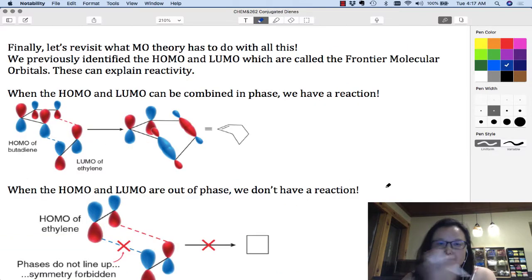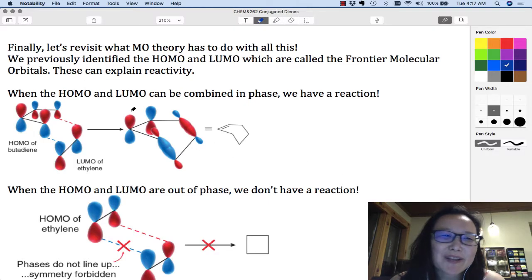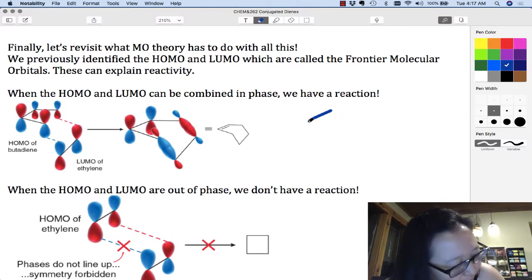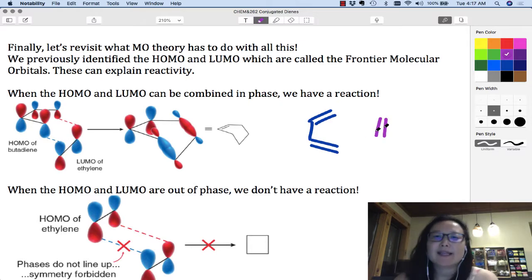Okay, so let's think about back to molecular orbital theory and what that all had to do with this. So if we have, let's say, the butadiene, 1,3-butadiene, so here's butadiene, and here's my dienophile, which is ethylene. So the idea of the HOMO and LUMO comes in right now.